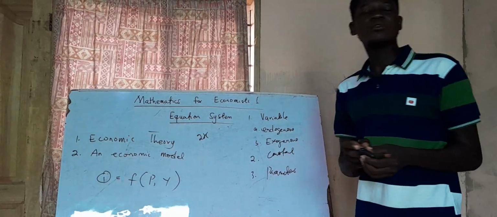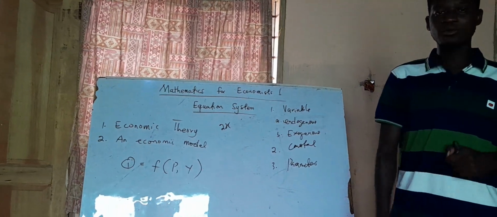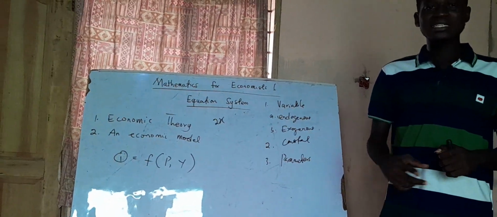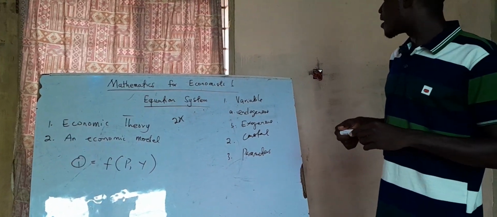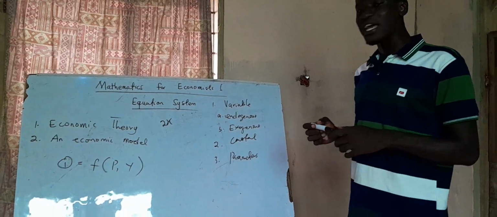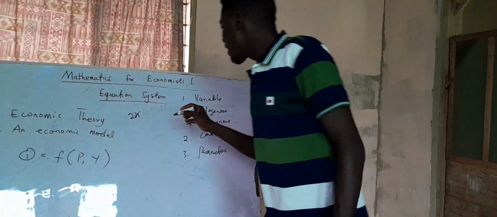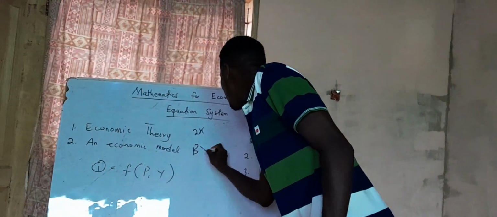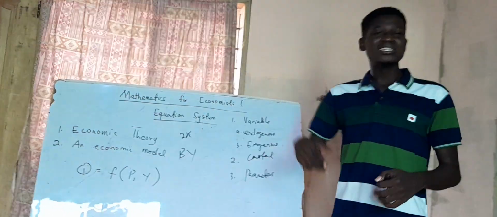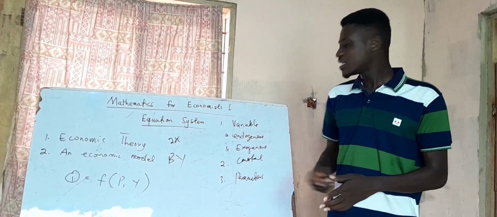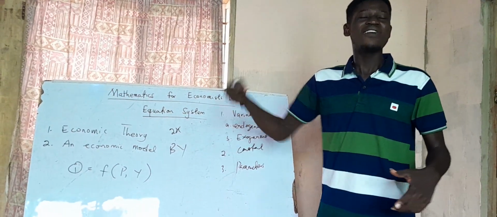Very good. So when we talk about parameters, they are constants which tend to be variables in a model. For example, in an economic model, if I have something like beta multiplied by y, this beta is supposed to be some constant, but at this point it is acting as a variable in the model.